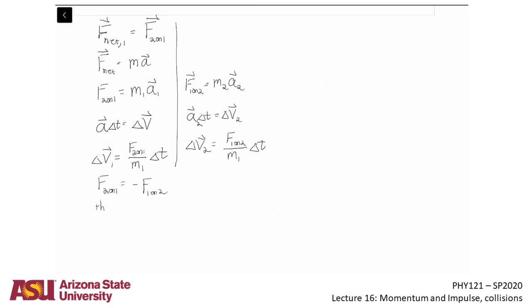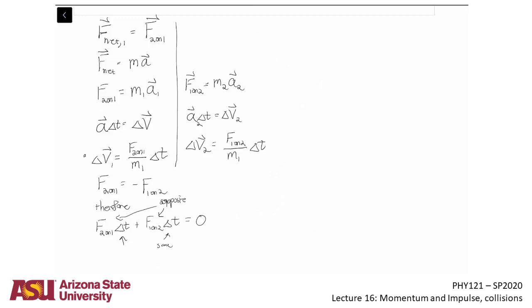Therefore, F2 on 1 delta t plus F1 on 2 delta t is equal to 0, because the delta t is the same, and these forces are equal and opposite.